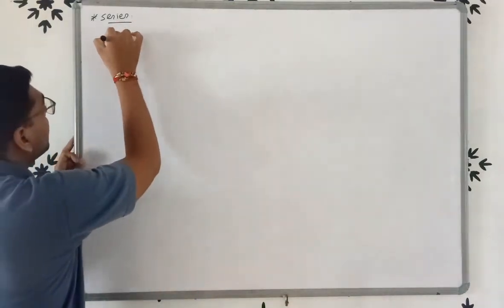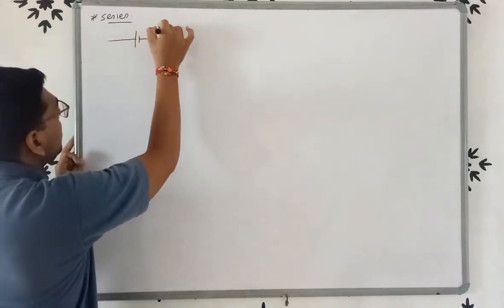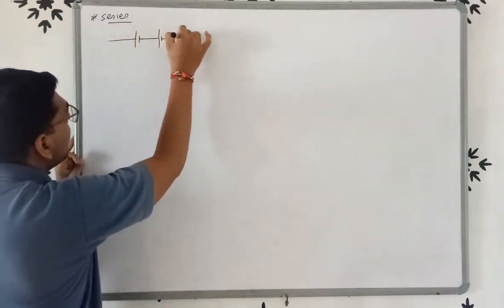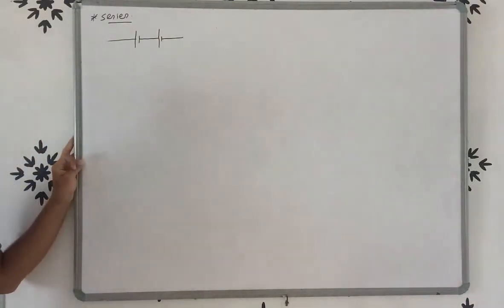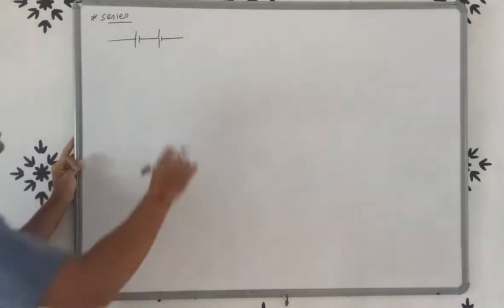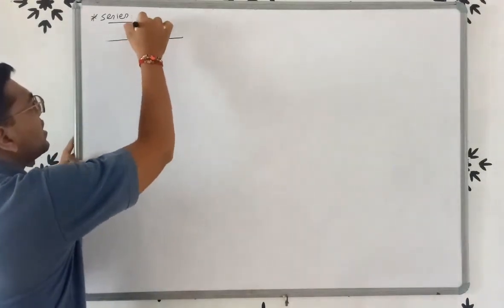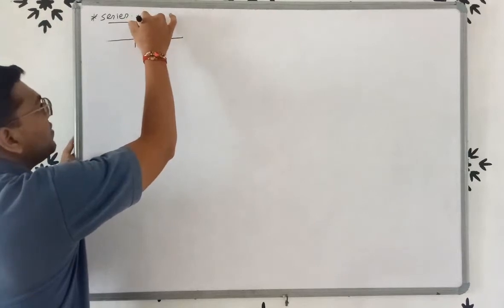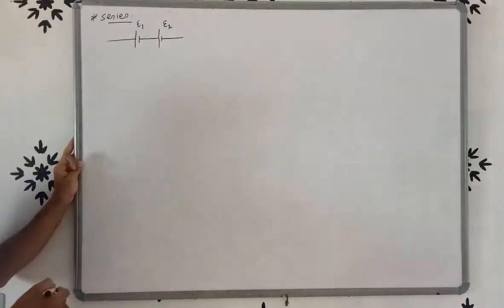So here we connect one end of a cell to the other end of the other cell. Right? So this is the series combination of cells. Here this is cell 1 and this is cell 2. So the EMF of cell 1 is E1, EMF of cell 2 is E2.